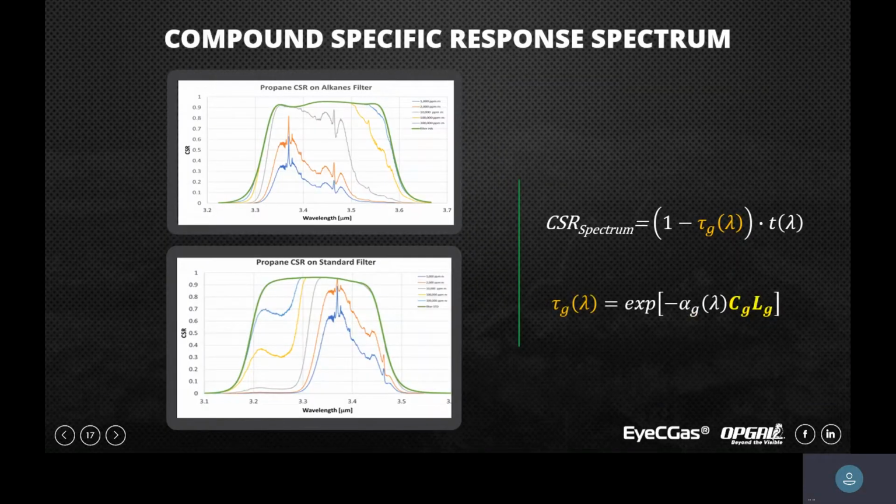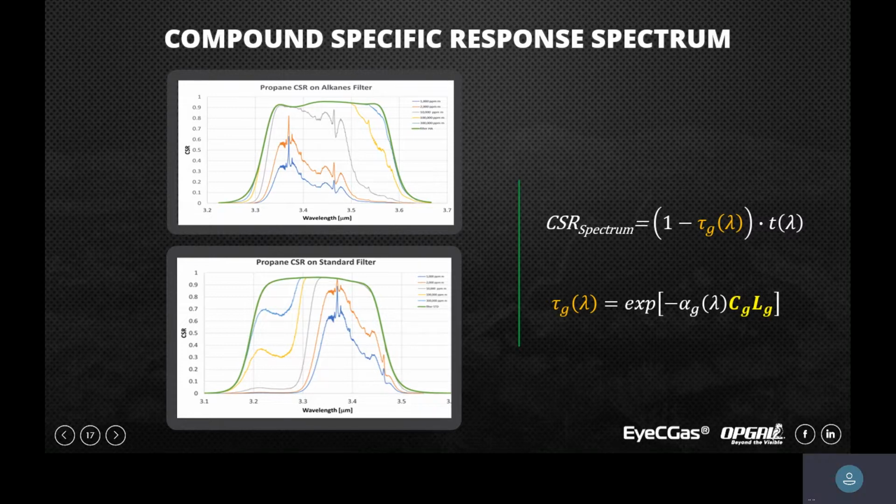So this is how the CSR of the alkanes looks. This is the propane. So these are the same concentration, same colors. You can see, but by the time we get to the gray, we don't see any feature of the propane. This is on the standard filter, but we go over here, the gray one, I don't remember which concentration it is.